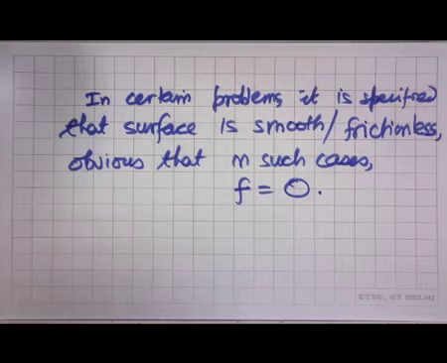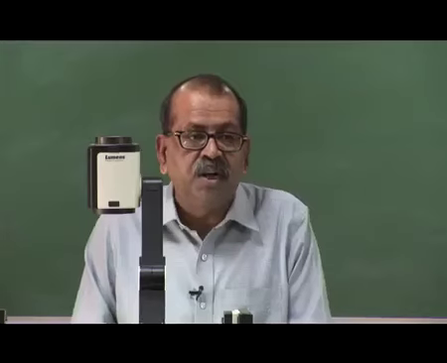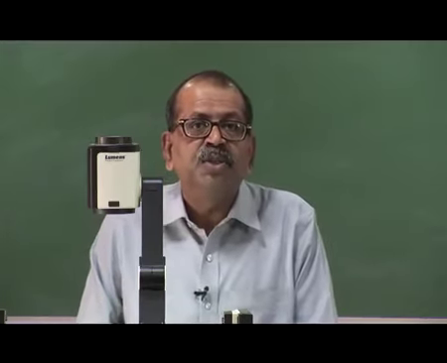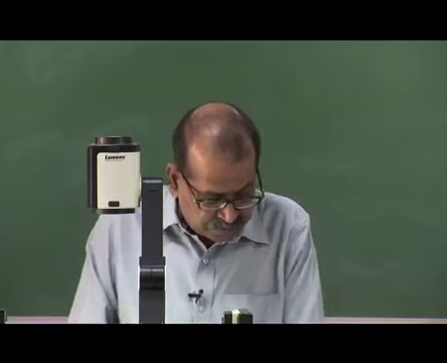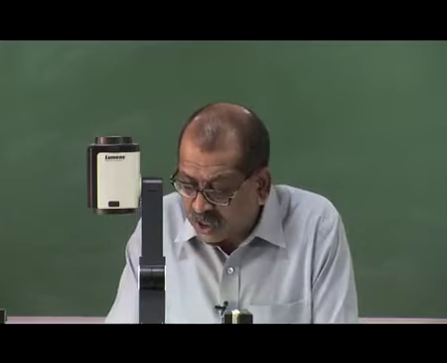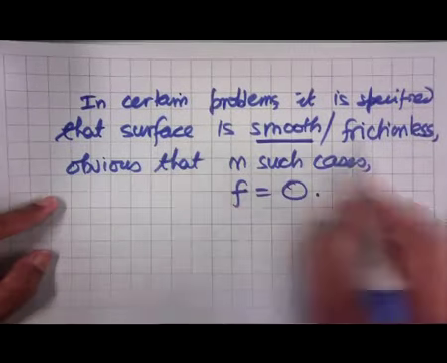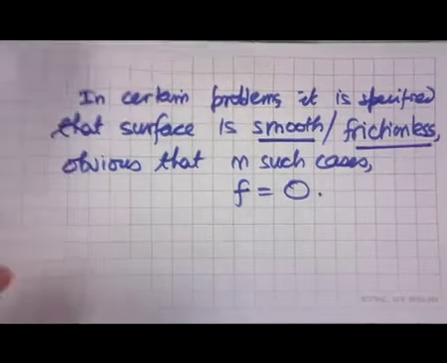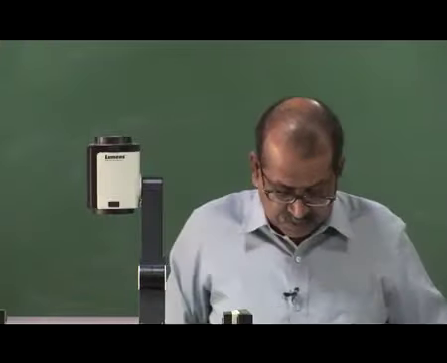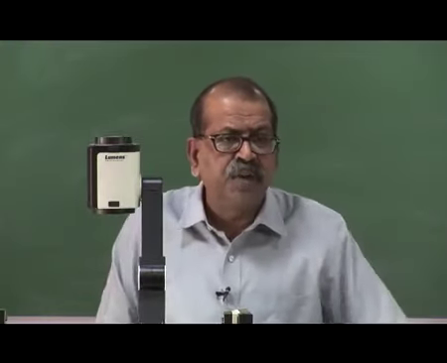And so, probably then one of the forces or accelerations will be the unknown for which you will be solving. So, the typical word used is that the contact is smooth, surface is smooth or frictionless would be given to you.